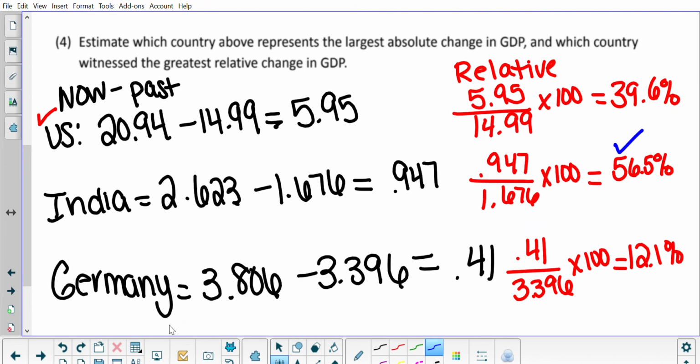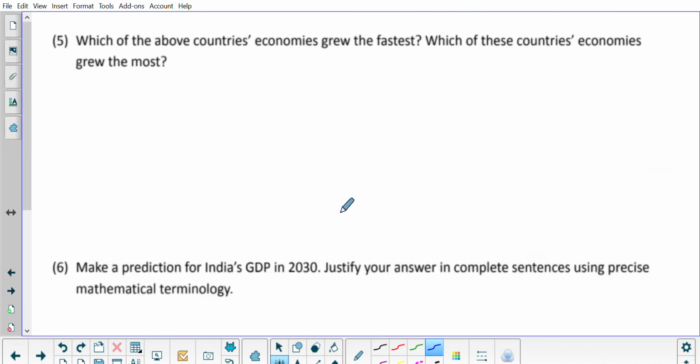So let's look at question 5. Question 5 says, which of the countries' economies grew the fastest? So this is referring to our percent, okay? And which of the countries' economies grew the most? And this is my difference, my absolute change. All right, so take a second.